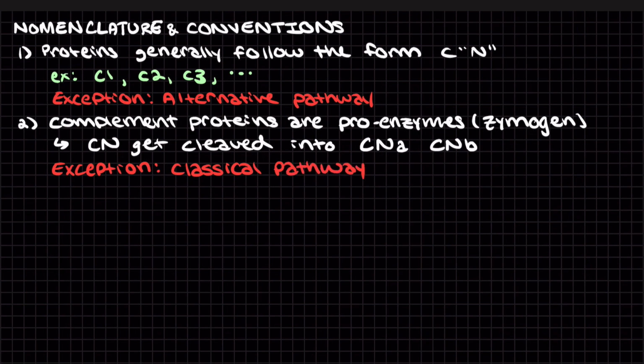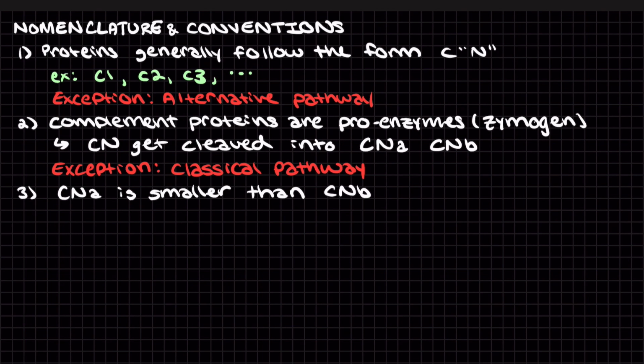The last rule that we're going to focus on is with regards to the fragments of our complement proteins. In most cases, CNA is going to be smaller than CNB.